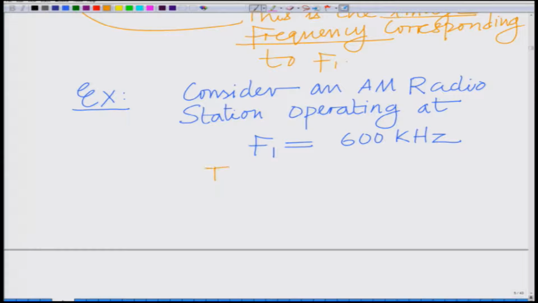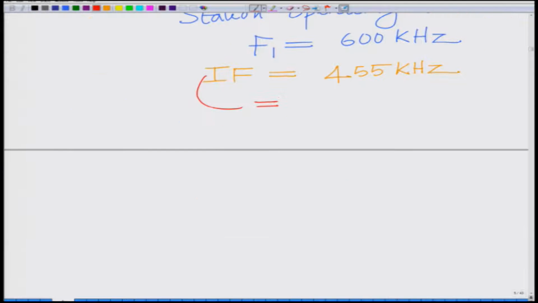We choose an intermediate frequency, IF, equals 455 kilohertz. Remember, IF stands for intermediate frequency. That is your f2.